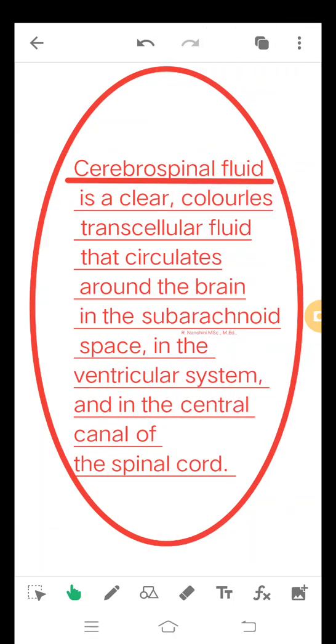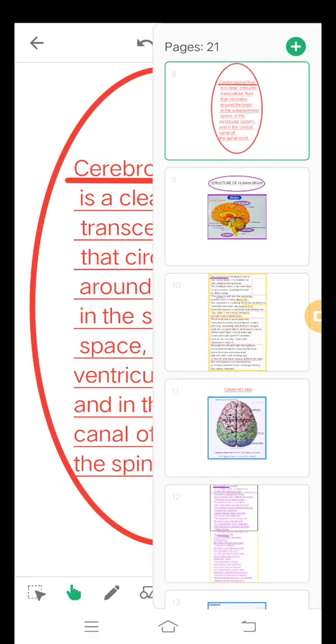Next, cerebrospinal fluid: a clear, colorless, transcellular fluid around the brain in the subarachnoid space, in the ventricular system, and in the central canal of the spinal cord.